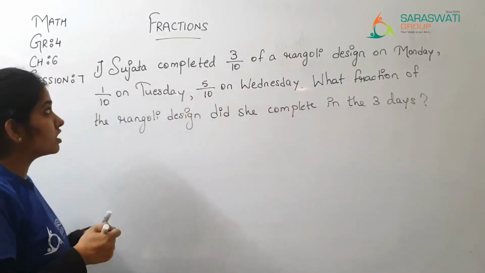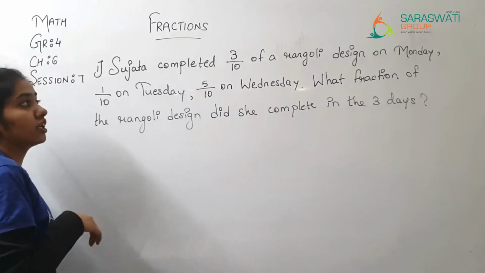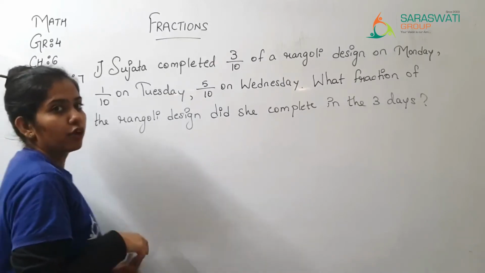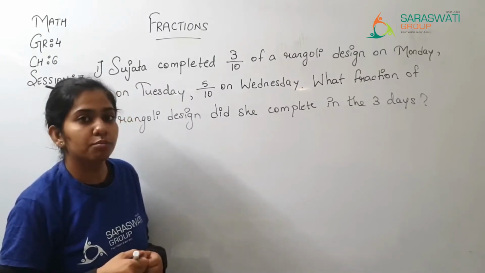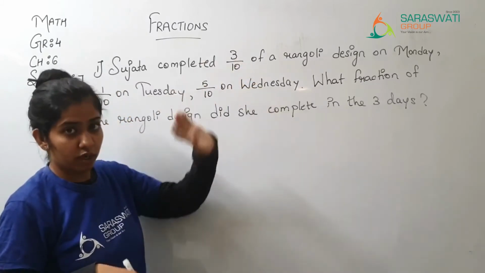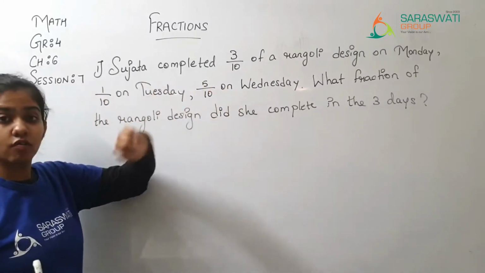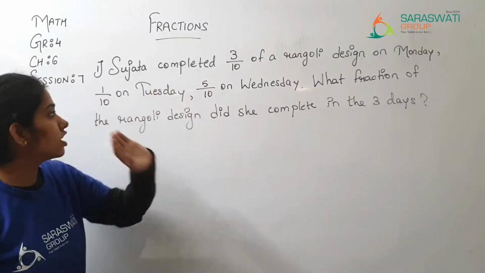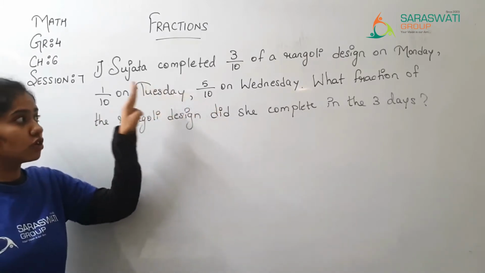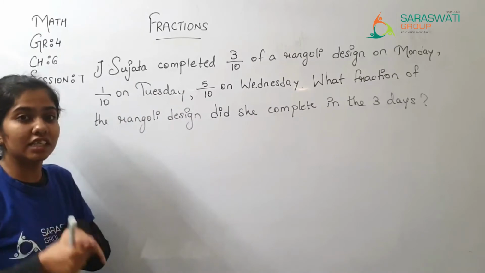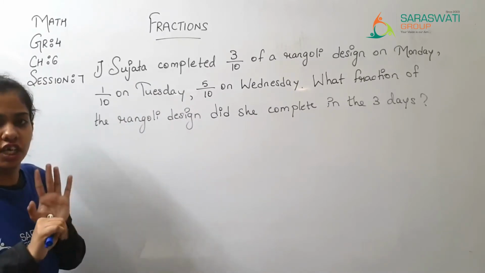Means here they have said that Sujata is a girl, that Sujata completed 3/10 of a Rangoli. 10/10 is the total fraction, right? So 3/10 of a Rangoli design on Monday को उसने इतना complete किया. Then on Tuesday 1/10 and on Wednesday 5/10 part. So what fraction of the Rangoli design did she complete in the 3 days? इन तीनों दिन में उसने टोटल कितनी रंगोली, कितना फ्रैक्शन, कितना पार्ट रंगोली का फिनिश किया.